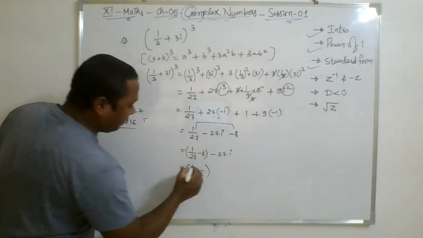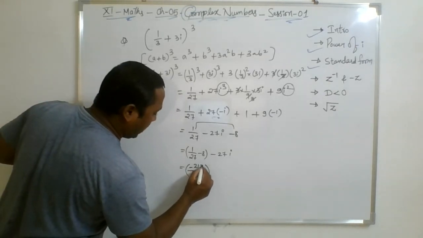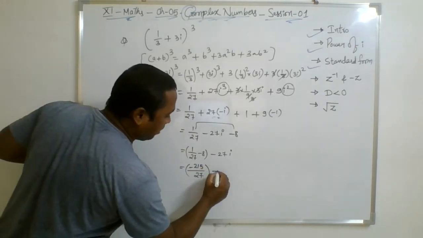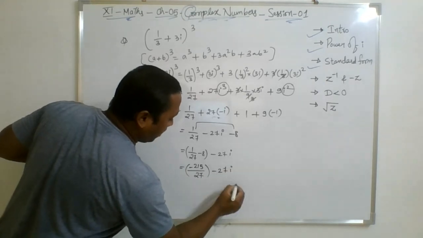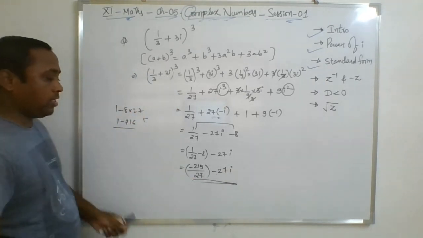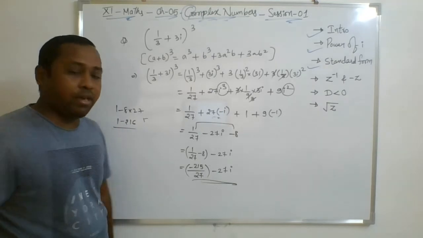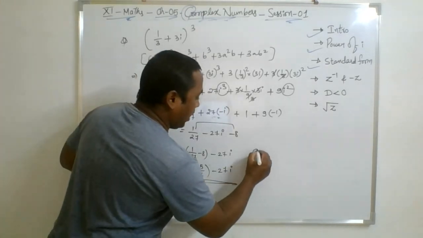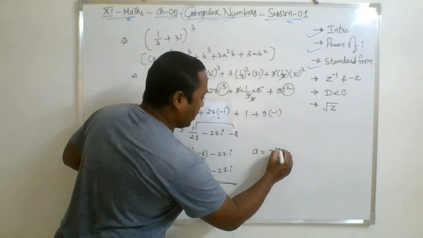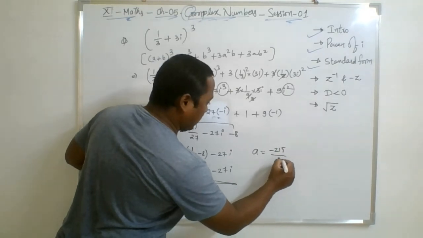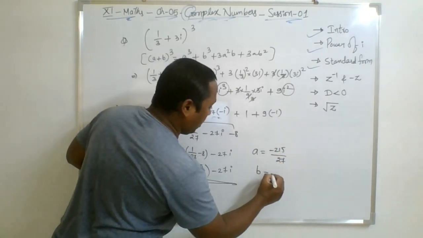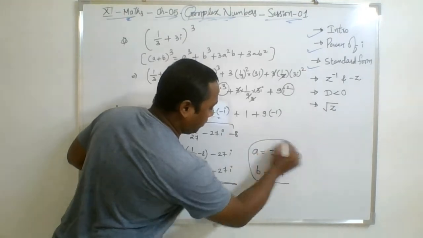Minus 215, minus 215 by 27, minus 27i. Over. I got it in the form of a + ib, where a is equal to minus 215/27, where b is minus 27.